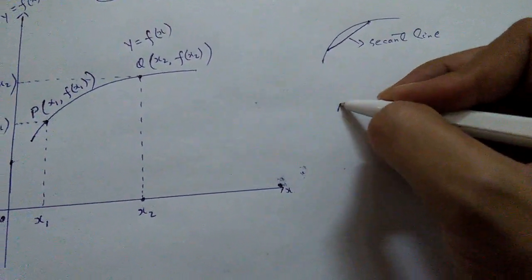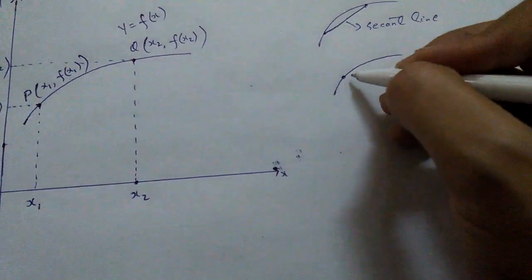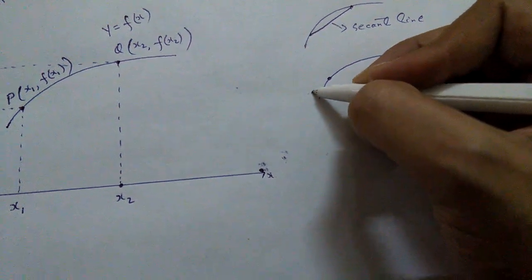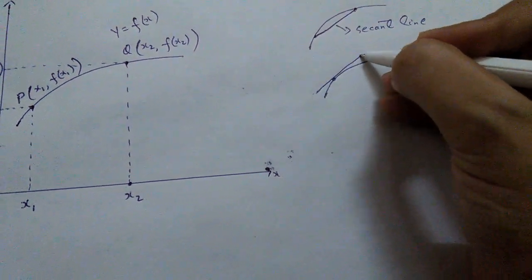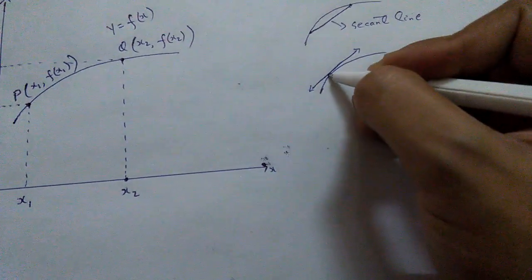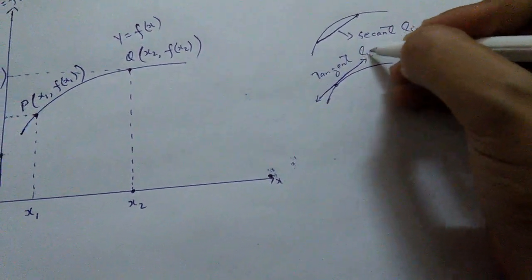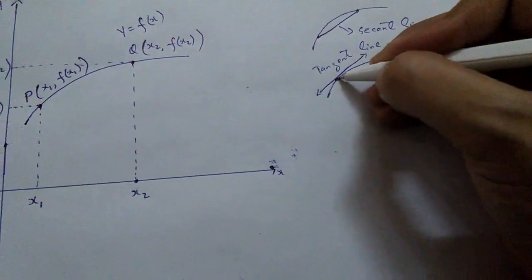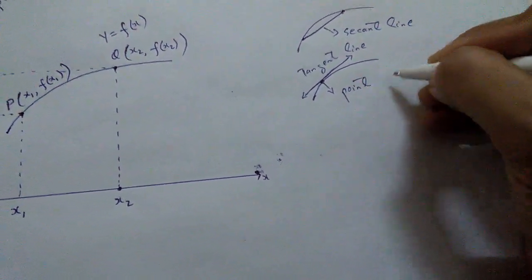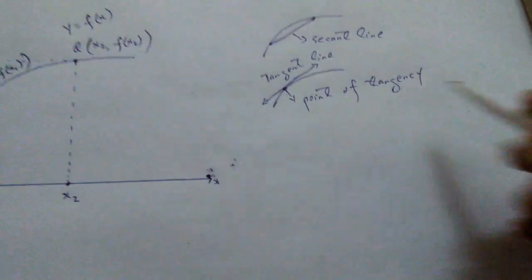And a line which is touching just one point on a curve is called the tangent line. If this is a tangent line touching just one point on the curve, the corresponding point through which it touches is called the point of tangency.